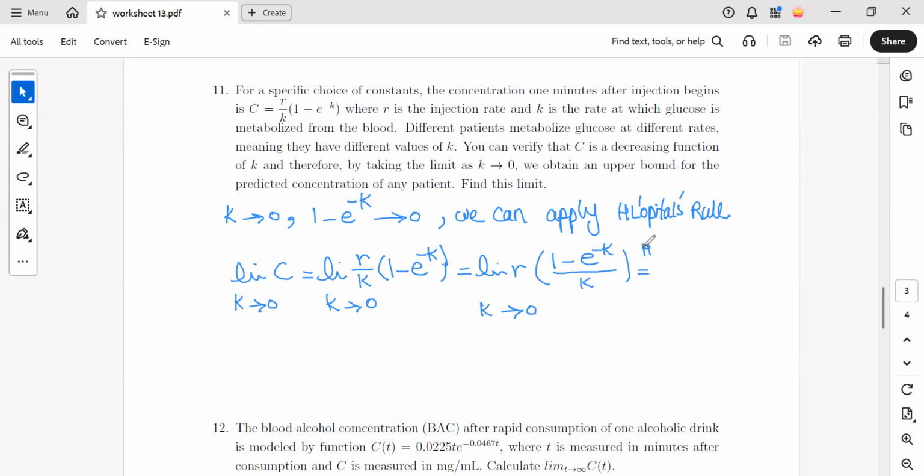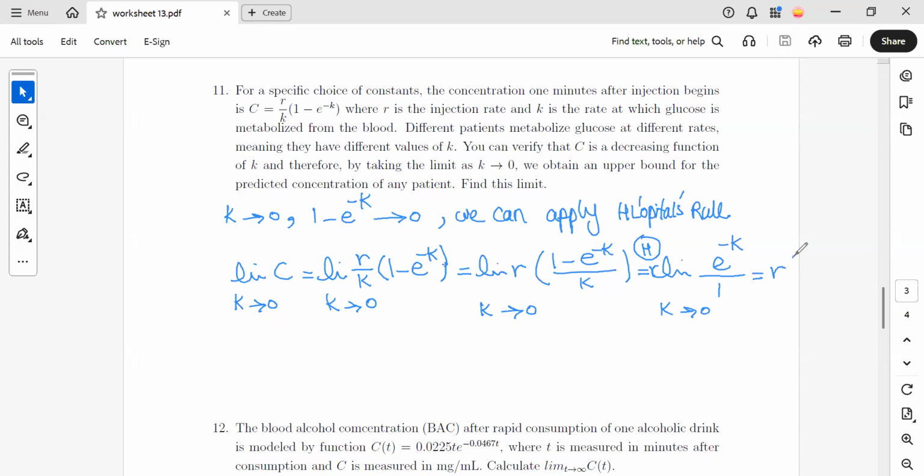So using L'Hopital's rule, we would take the derivative of the numerator and denominator. So we can write r here as the coefficient, which is not depending on k. If we take the derivative of the numerator, it will be 0 minus negative e to the negative k. So we would have e to the negative k over the derivative of k with respect to k, which is 1, when k is approaching 0.